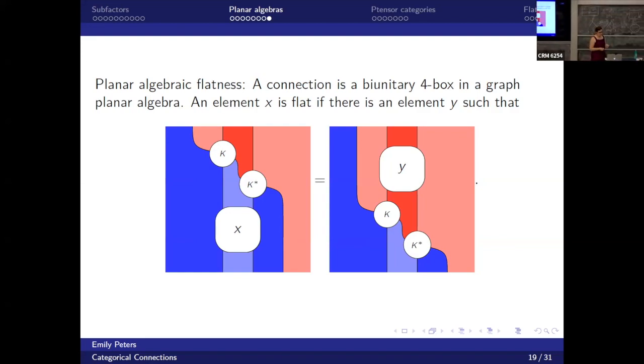But basically what this is saying is, in the earlier setting, we could have talked about flat elements, and the condition that our connection was flat was really saying that everything was a flat element. And so here, we can talk about flat elements, and if your set of flat elements is big enough, you get back basically a subfactor.